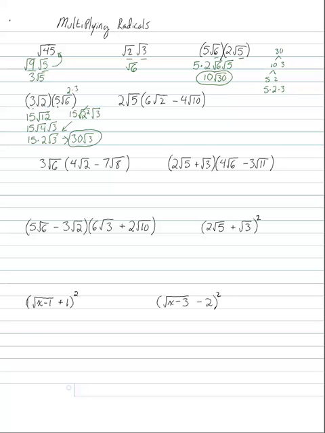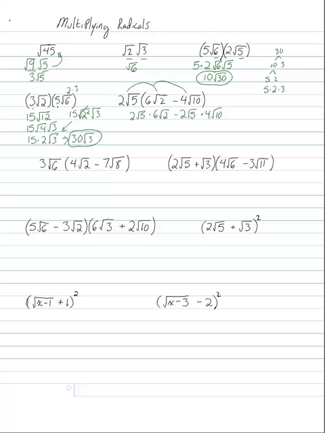Say I have 2 square roots of 5 times 6 square roots of 2 minus 4 square roots of 10. I'm going to take my 2 square roots of 5, and I'm going to distribute it times both things in my parentheses. So I'm going to write it out for the first time. 2 square roots of 5 times 6 square roots of 2 minus 2 square roots of 5 times 4 square roots of 10.